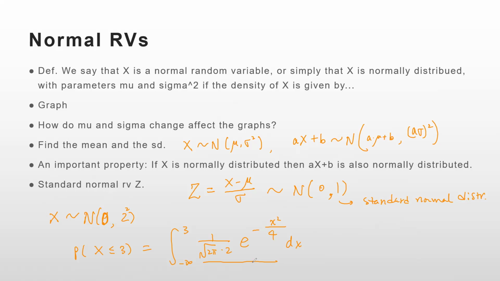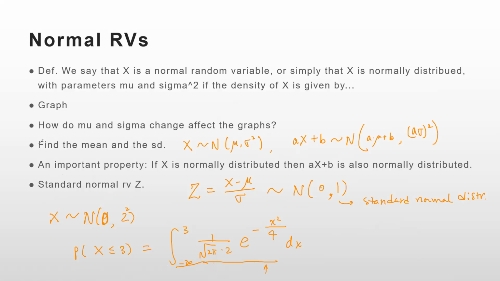Elementary functions are the functions you study a lot in calculus: polynomial, rational functions, exponential, log, sine, cosine, trig functions, and so forth. It doesn't have an explicit antiderivative if you only use those functions, which means it's very difficult to calculate this integral.